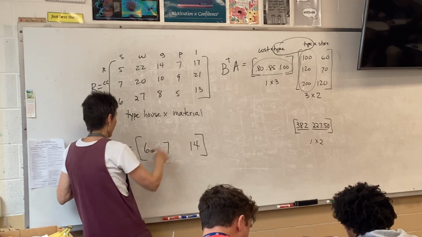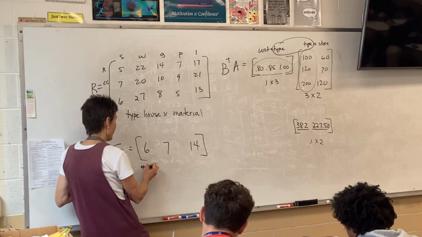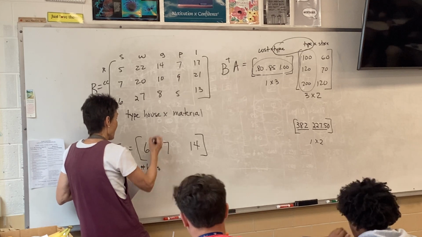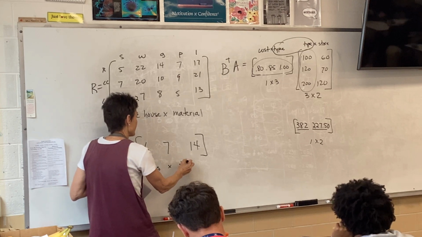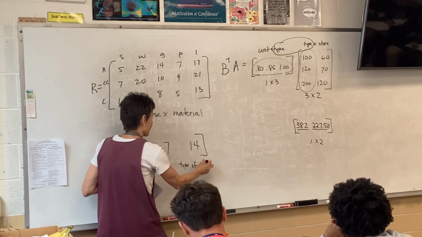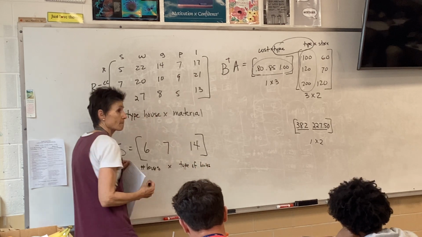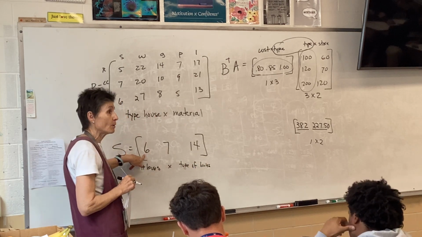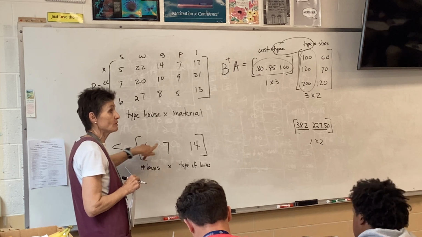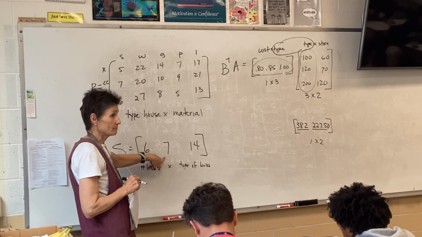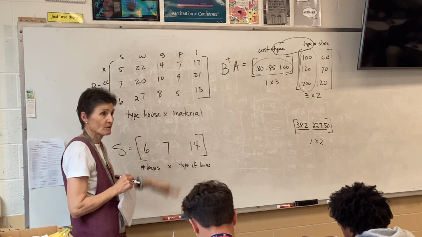So the rows represent the number of houses, and the columns represent the type of houses. This is the number of colonials, number of ranches and everything.